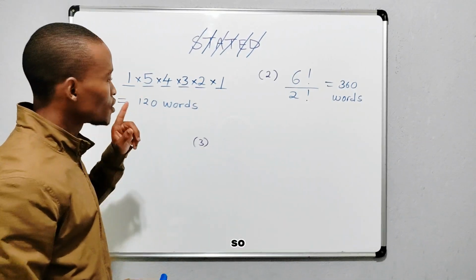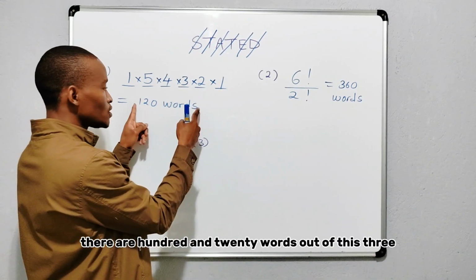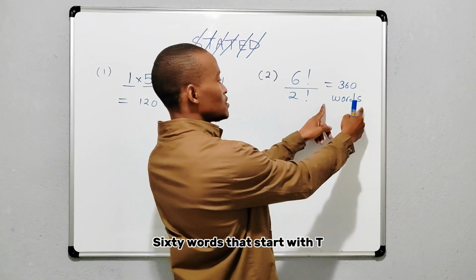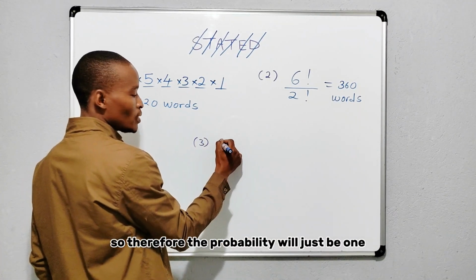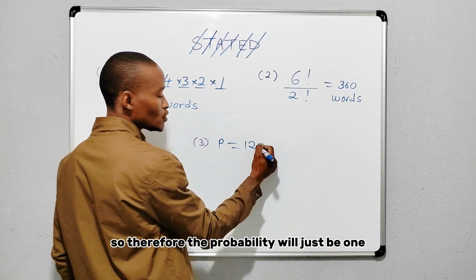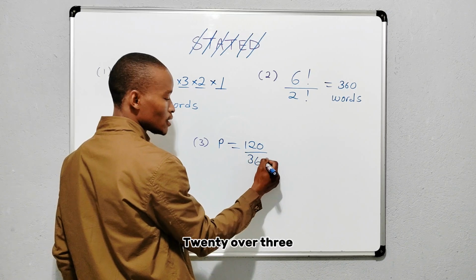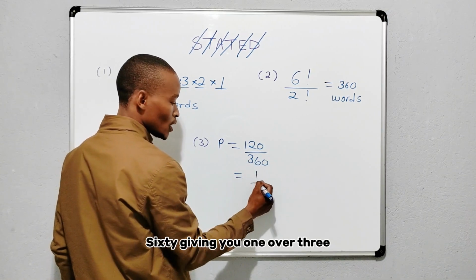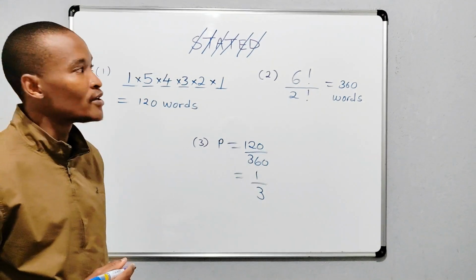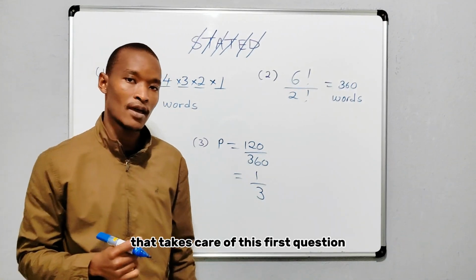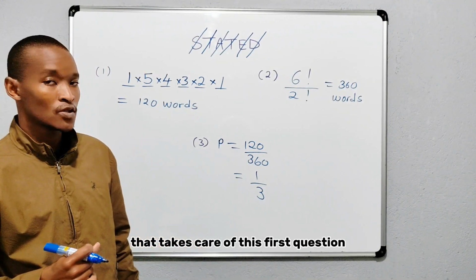So there are 120 words out of these 360 words that start with T. So therefore, the probability will just be 120 over 360, giving you 1 over 3. So that takes care of this first question.